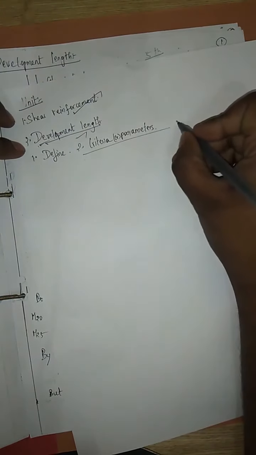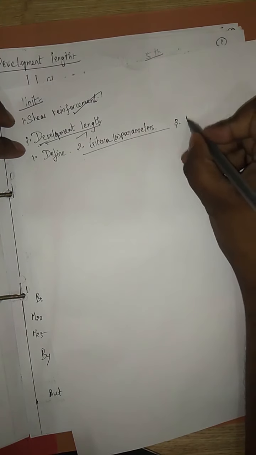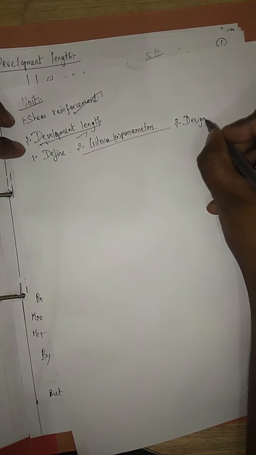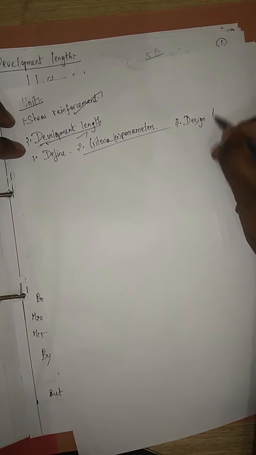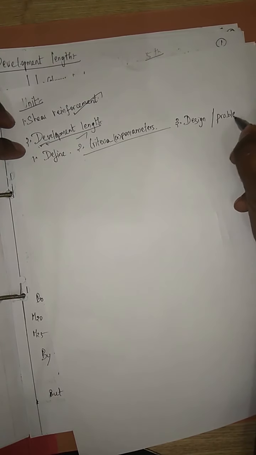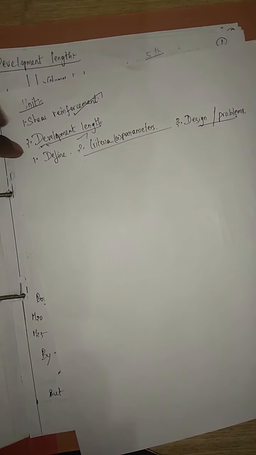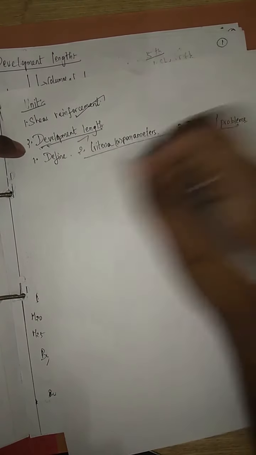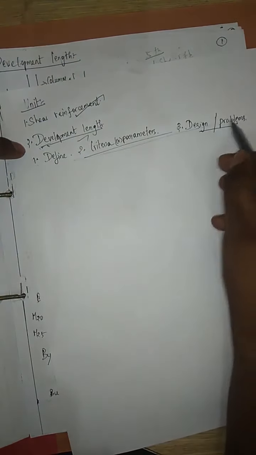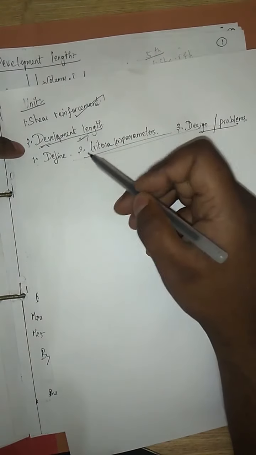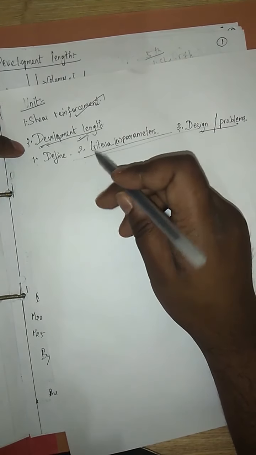And thirdly, we are going to do problems, designing the development length for a beam and column. So there are only three topics under development length according to your syllabus. Very simple topic.